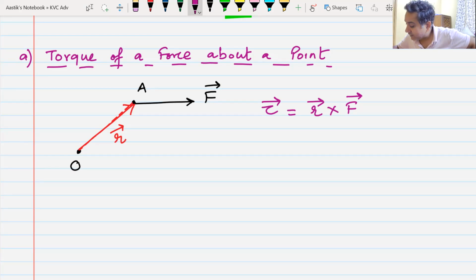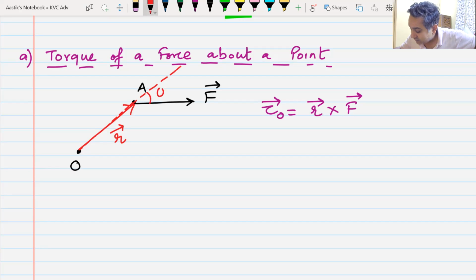So it's better I write it as tau O, torque about the point O. This is an axial vector, so its direction is given in terms of axis by the cross product. We may not be interested in finding out the vector; we may only be interested in the magnitude of torque.